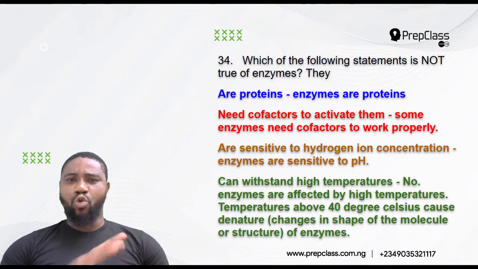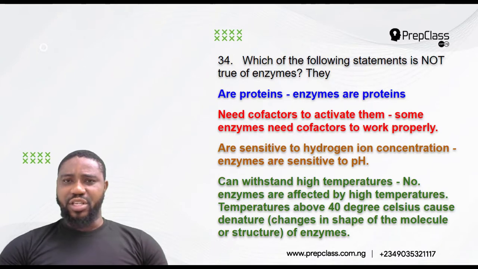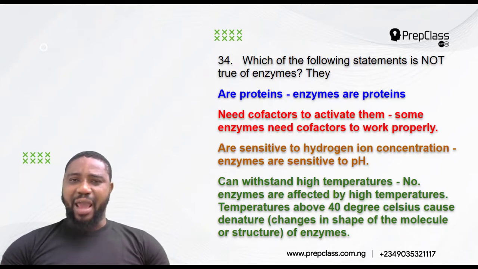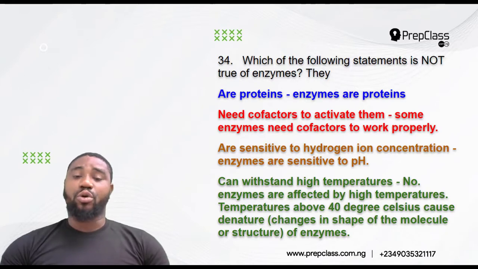They may experience coagulation. An example is egg white. If you heat eggs, what happens? They become solidified. If you expose blood to a certain temperature and it becomes solidified, that's coagulation, the clumping of proteins, which is what we call denaturation.